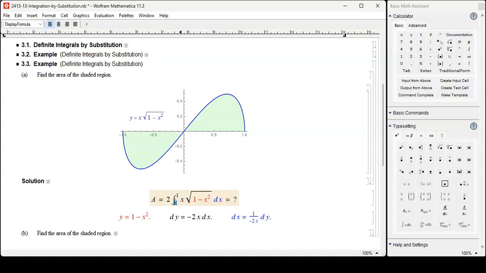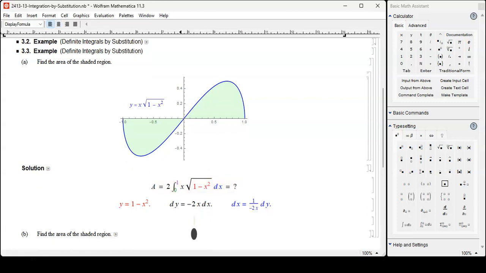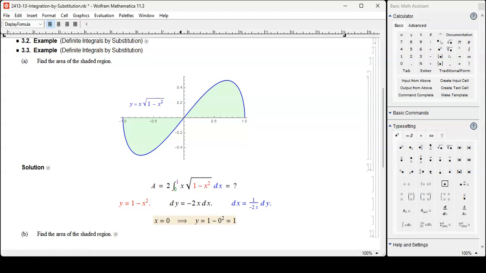All right. How about the starting and ending points? If x is 0, then y is 1 minus 0 squared, so it's 1.